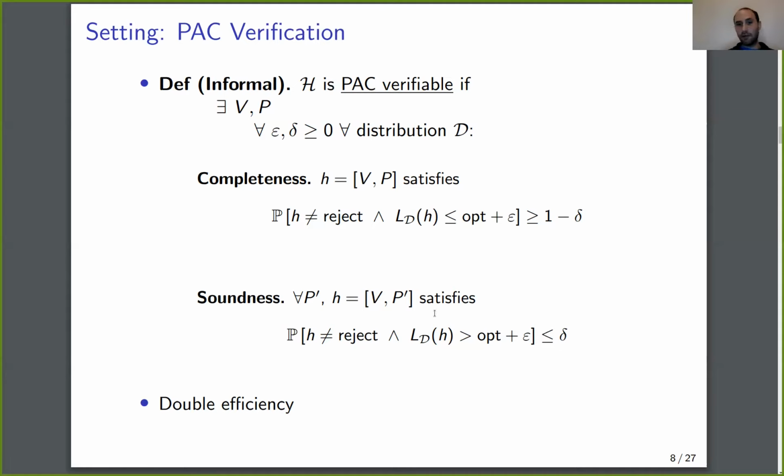So the verifier will either reject the interaction or it will output a good hypothesis, or with very, very small probability, it will output a bad hypothesis. So that's soundness.